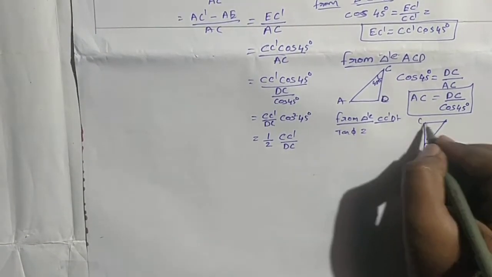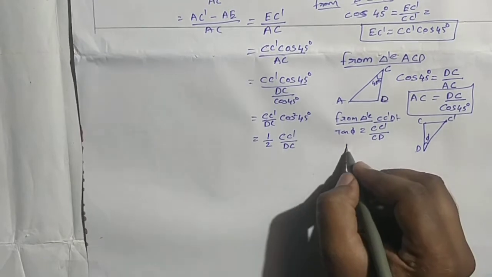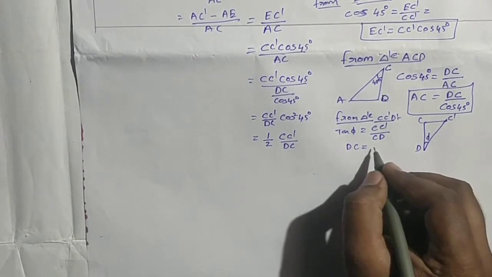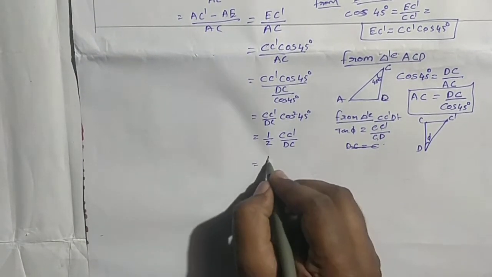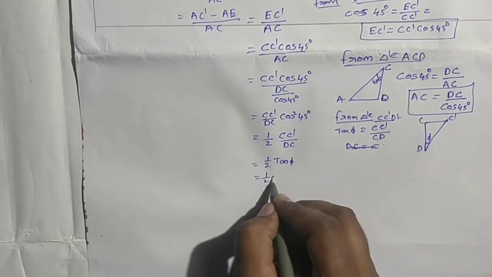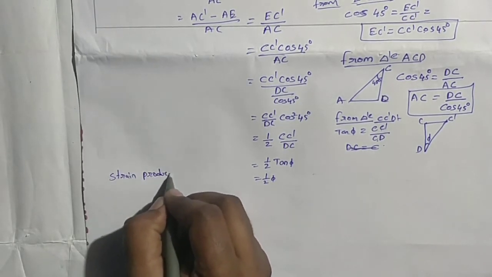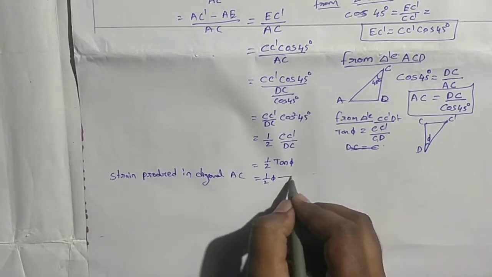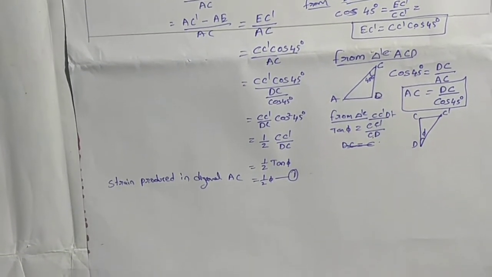Tan phi equals opposite by adjacent, that is CC dash by DC. So CC dash by DC can be written as tan phi, and for small angles it can be written as phi. So the strain produced in diagonal AC is half of tan phi, which is half of phi. This can be noted as equation 1.